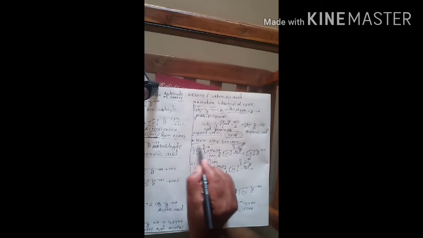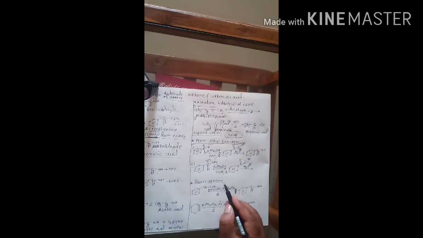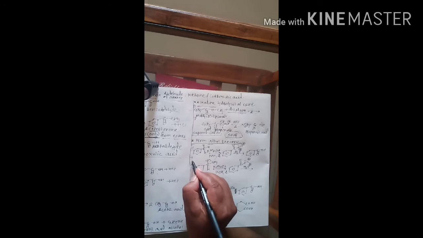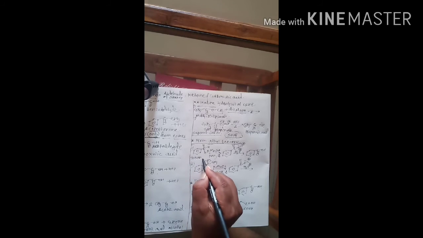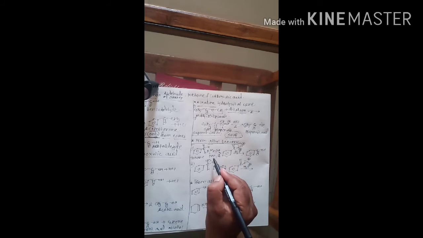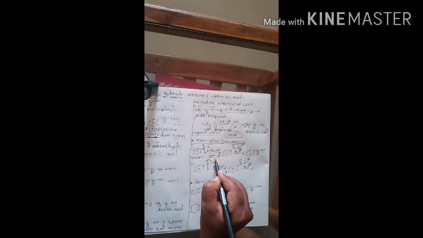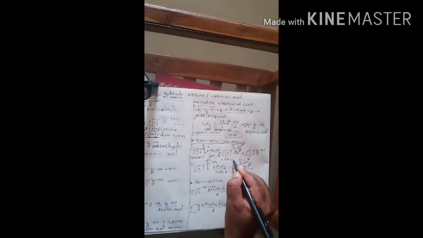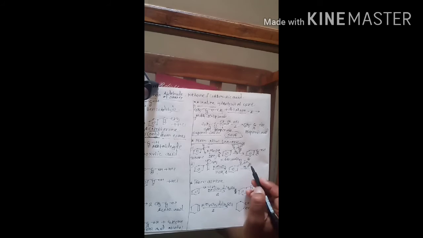Next reaction is from alkyl benzene. Here, when alkyl benzene like toluene is heated with alkaline KMnO4, it gives potassium benzoate, which on acid hydrolysis gives benzoic acid. So here benzoic acid is formed.